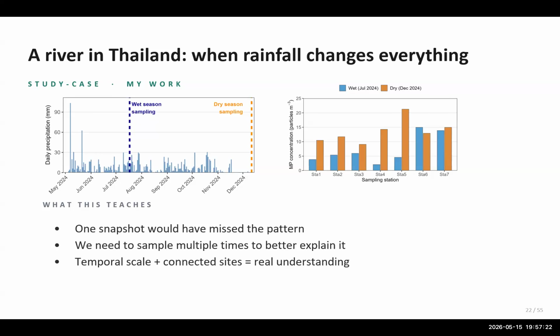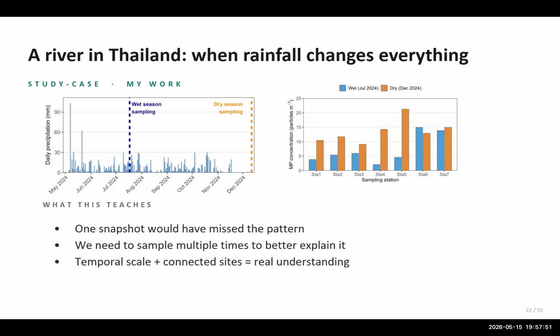So a single dry season sampling will tell one story, but a single wet season sampling will say another story. But neither of them is true by itself. So your hypothesis could be wrong, and this is not failure, this is science working. We measure to find out, not to confirm what we already think.